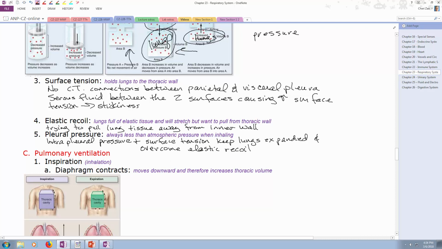So the elastic recoil is working against the expansion, but surface tension and the negative intrapleural pressure, which is trying to suck the walls of the lungs against the wall of the cavity, is keeping our lungs nicely expanded.